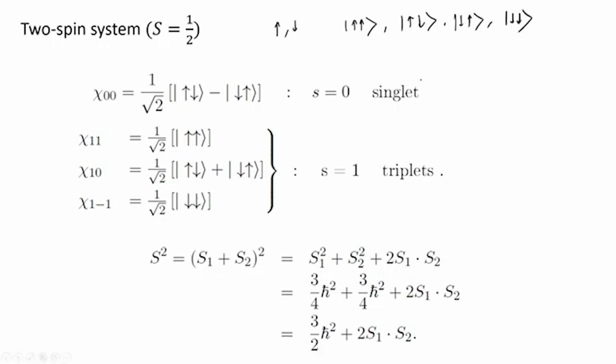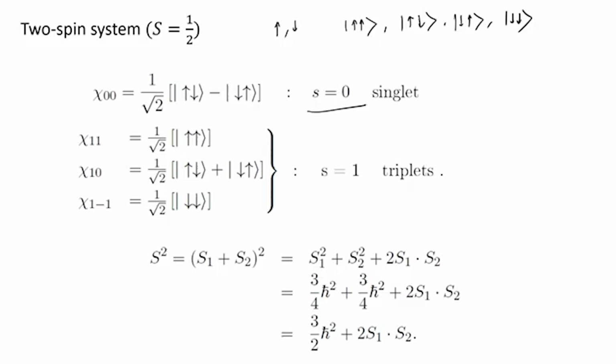We can take linear combinations of these and form the S equal to 0 state, which is called the singlet state, and the 3 triplet states formed out of up up, up down plus down up, and down down.